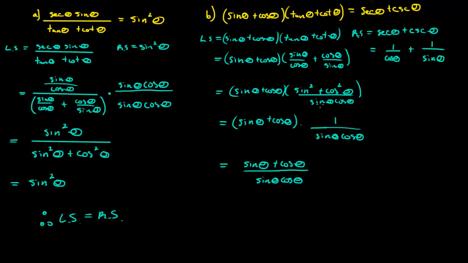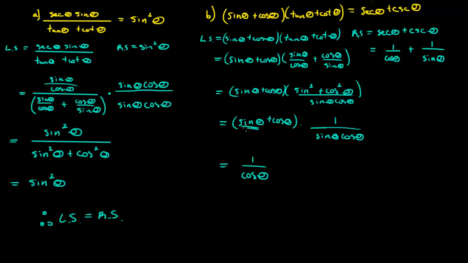Let's see if this makes it a little bit more obvious what we have to do here. Looking at my right side written in this form, it's a little bit easier to see that one of the things to note is that in the last step, when I distribute 1 over cos theta sine theta into sine theta plus cos theta, if I multiply sine theta by 1 over sine theta cos theta, a factor of sine theta divides out, and I'm just left with 1 over cos theta.